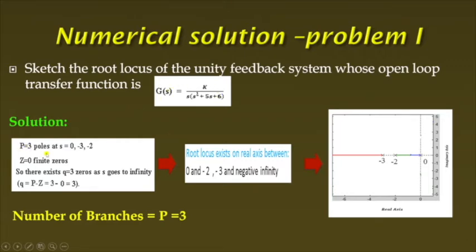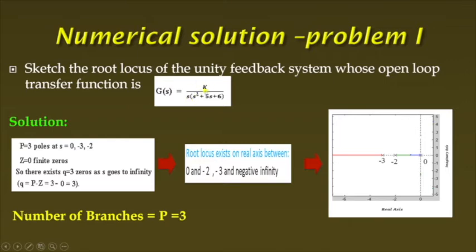So here s equals 0, minus 3, minus 2. That means the number of poles is 3. We know that if the denominator is 0, that means s into (s square plus 5s plus 6) equals 0, then s equals 0, and from s square plus 5s plus 6 the roots are minus 3 and minus 2.